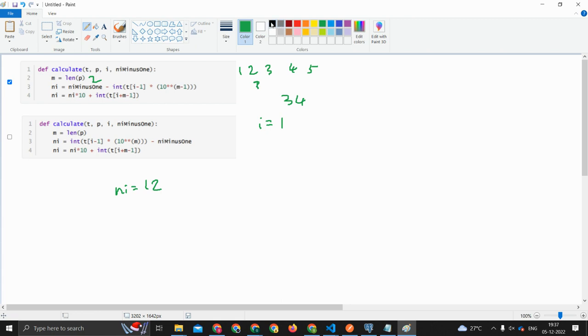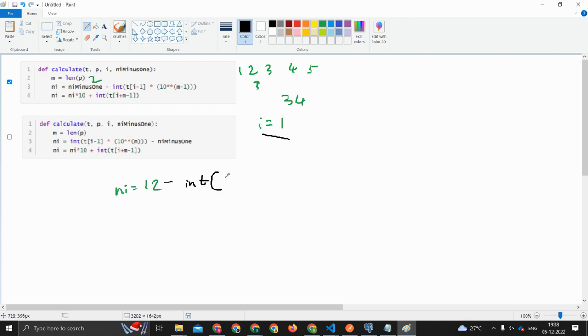What is I here? I is 1. Just take the same example, same thing, but in a different formula. So n_i minus 1 is 12 minus int of t of I minus 1, so int of t of 0.